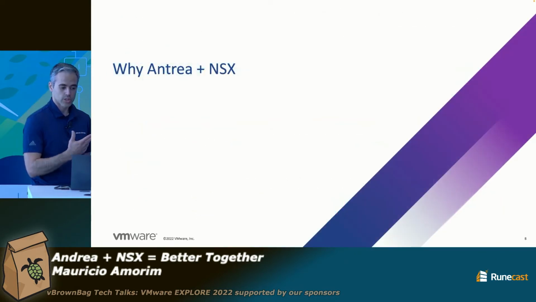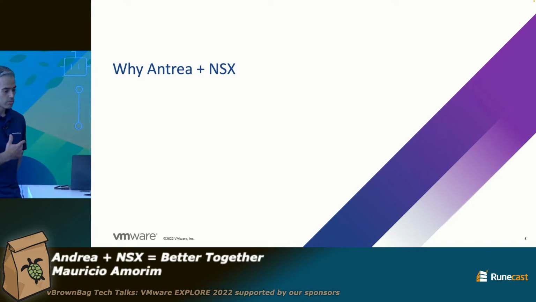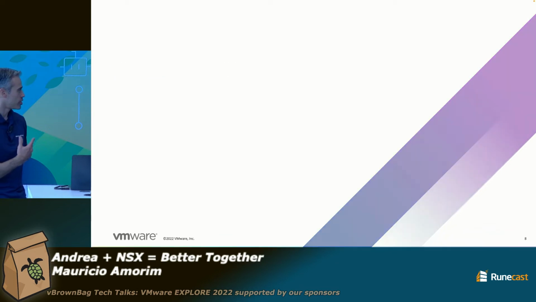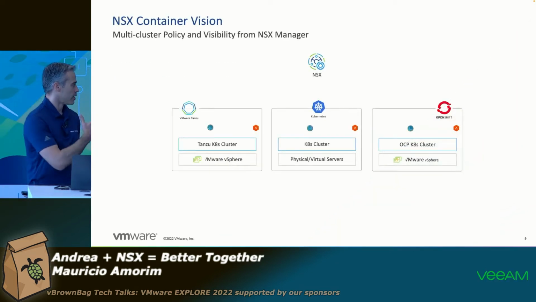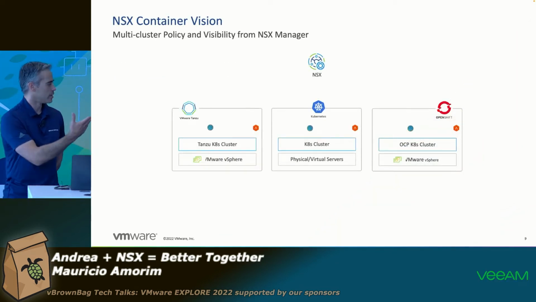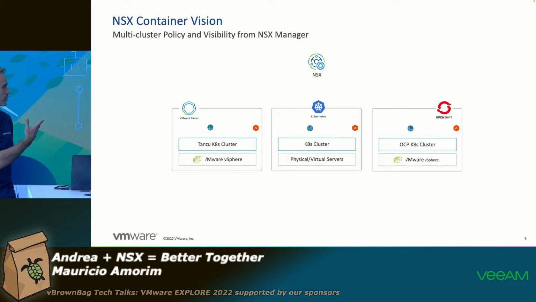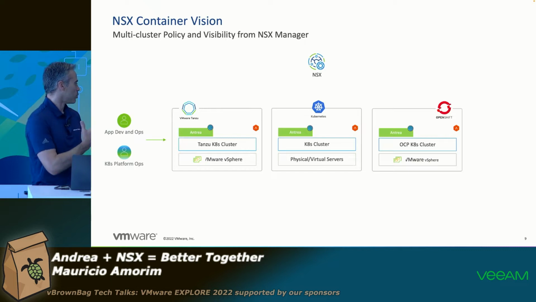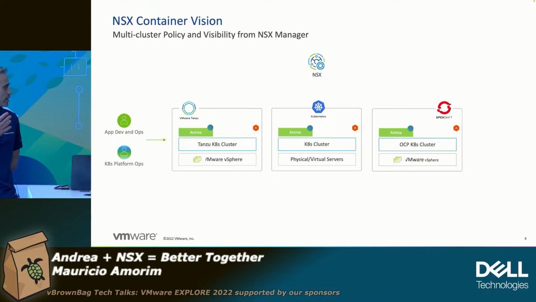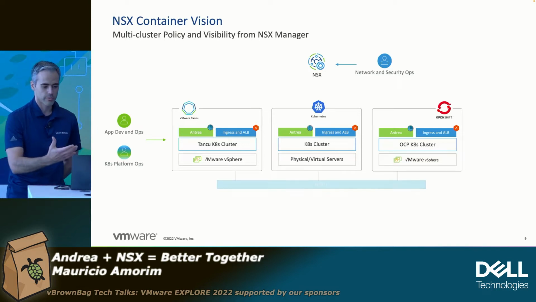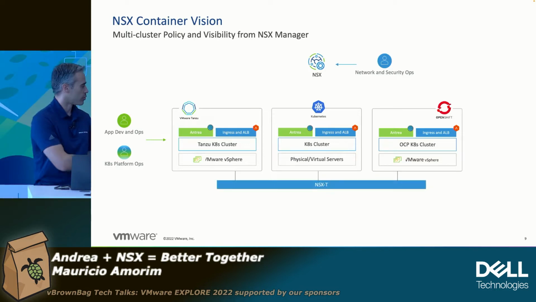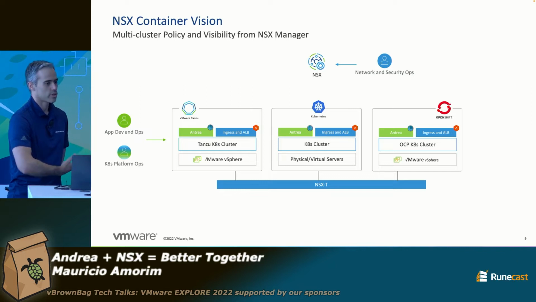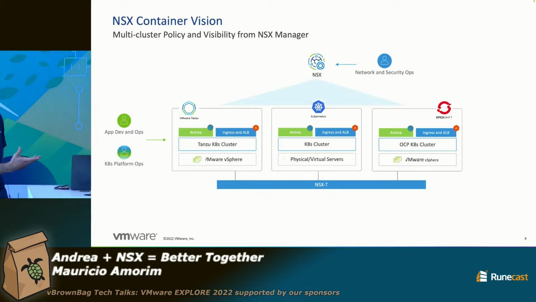And why should you want to run it and integrate it with NSX? So this is our vision. Since you already have these containers, you might have them running in your VMware infrastructure. And what we see is you might have NSX doing the networking for your VMs, your underlying networking infrastructure.